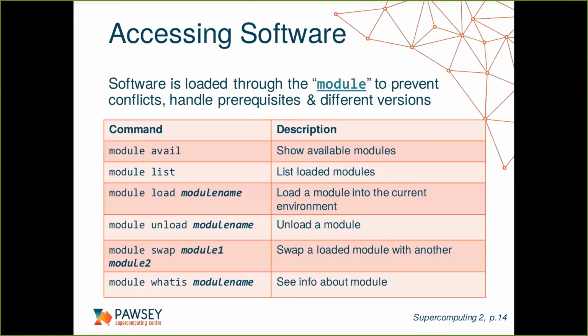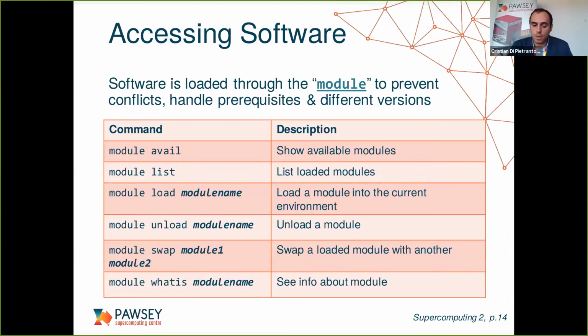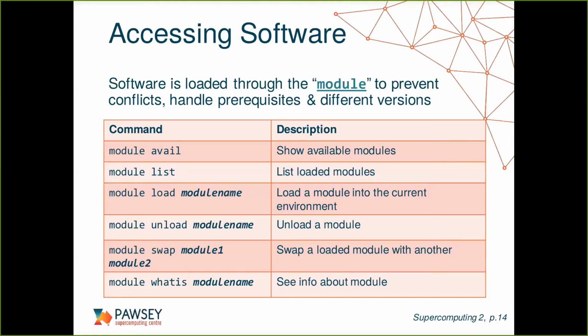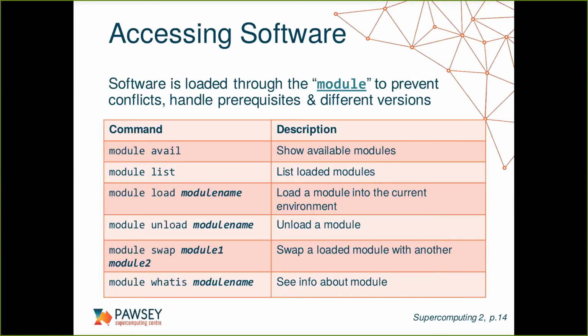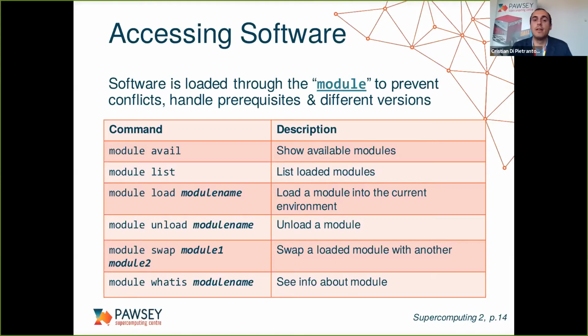On a workstation, there is typically only one version of a software installed, so that the computer, in a certain sense, knows what to execute, or there is a graphical interface that helps the user decide what to execute. On a supercomputer, we don't have a graphical interface, and typically there are many versions of a given software installed.